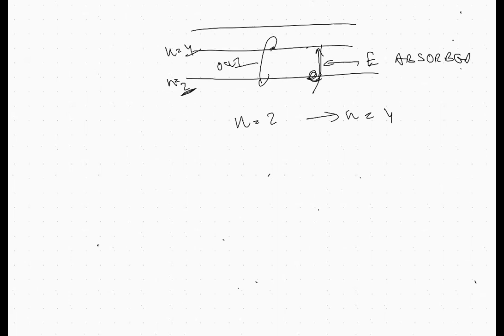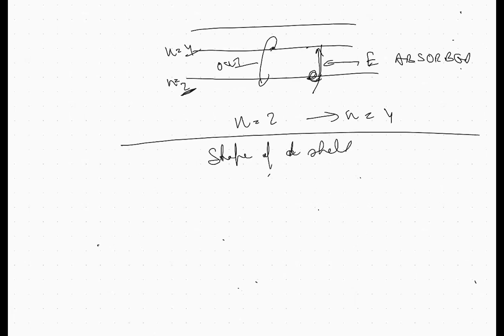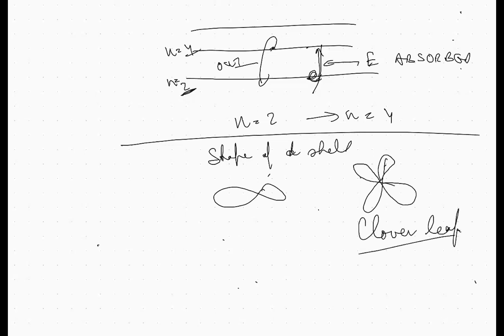The question is about the shape of the D shell. P orbitals are like that, dumbbell shape. This is like that, so the name for that is clover leaf. Clover leaf, that's a D orbital.